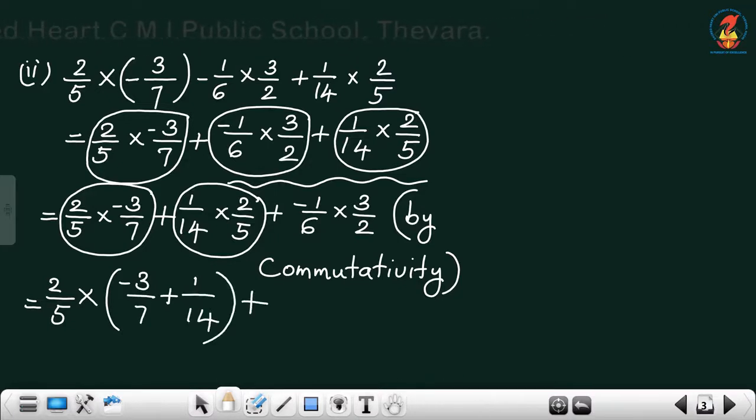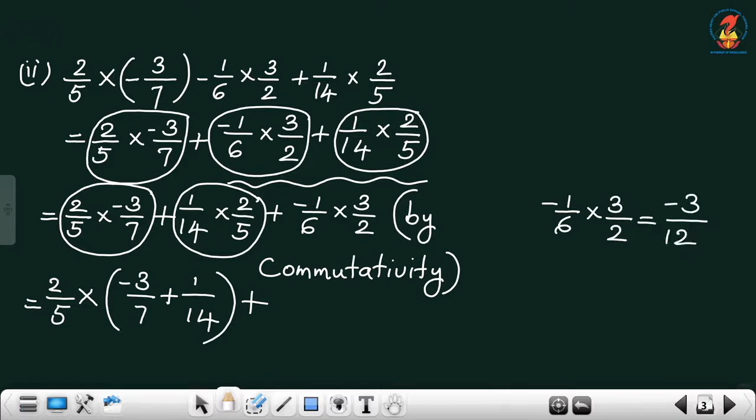Then plus. This one, if you want, you can simplify. Negative 1 by 6 into 3 by 2 is equal to negative 1 into 3, negative 3 by 12. Then the highest common factor is 3. So we can write it as negative 1 by 4.